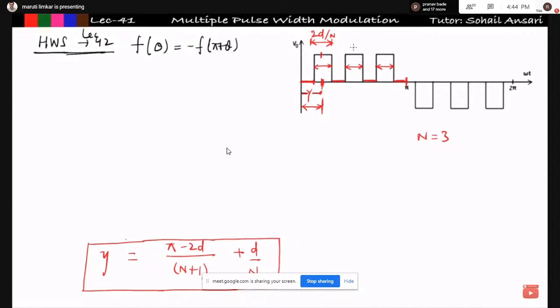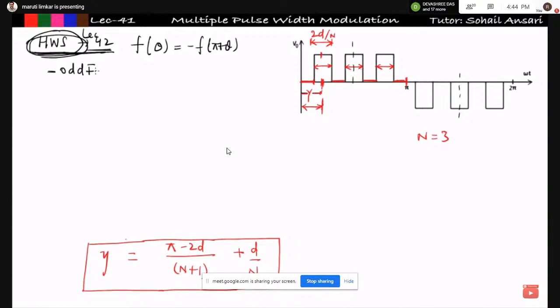Means if I find the value at angle theta, let us consider this is my angle theta, then pi plus theta will be somewhere here. If minus f of pi plus theta equals f of theta, then it is satisfied. So this is half wave symmetry, denoted as HWS. I will explain everything about Fourier series in lecture number 42. Don't worry, till now you should know that this is half wave symmetry.